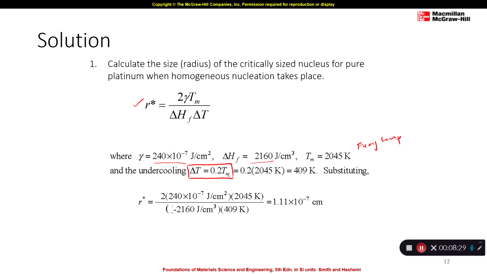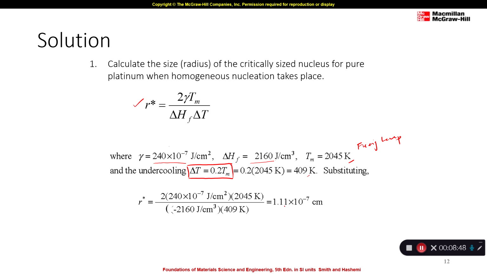You will see that in the table there's a maximum undercooling observed, but we're not going to use that. We're going to use 0.2 times the freezing temperature. Here you have to be consistent: if you're using Kelvin, use Kelvin for both.